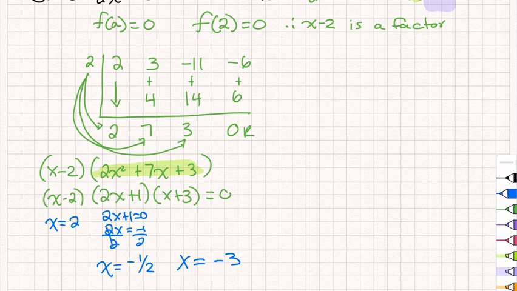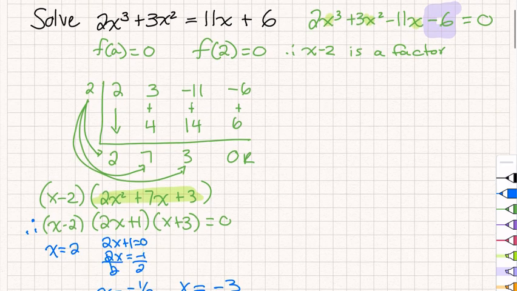Okay, so those are our 3 factors. So therefore we have x minus 2 multiplied by 2x plus 1 multiplied by x plus 3. And that would give us 2x cubed plus 3x squared minus 11x minus 6. Okay?